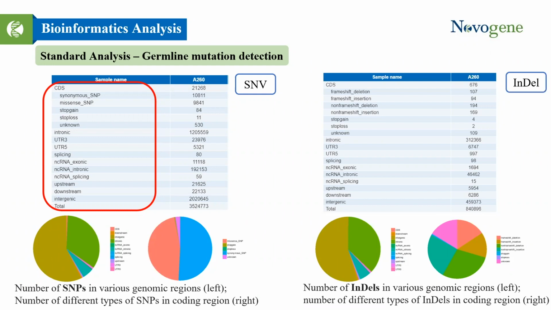We also plot pie charts as below to show the number of SNVs in different kinds of genomic regions and the constitution of different types of SNVs in the coding region. The results of indels are in the same mode as that of SNVs, and we can see this on the right.